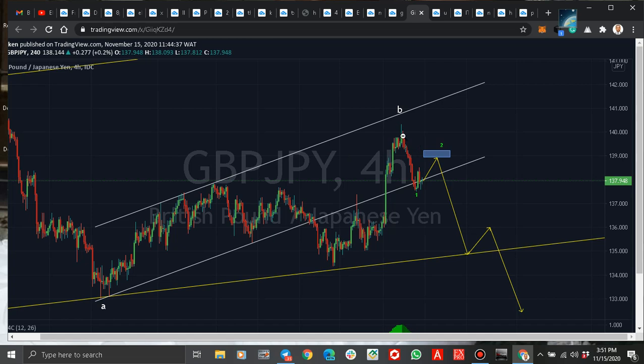Pounds yen, I see this as wave 1 of 5 of C. So we're gonna have wave 2, then it keeps going down. Though any structure can change at any time, right now I'm not gonna buy pounds yen. Rather, I'm looking for sell.